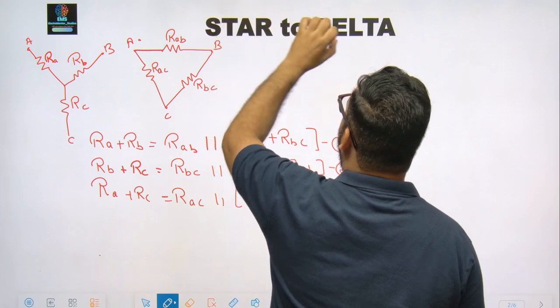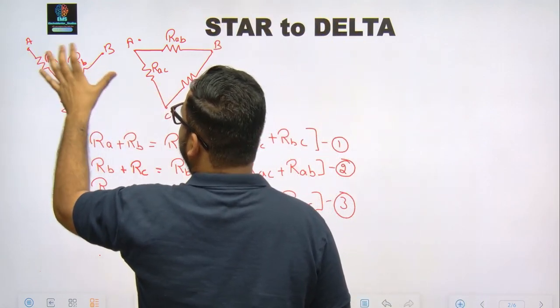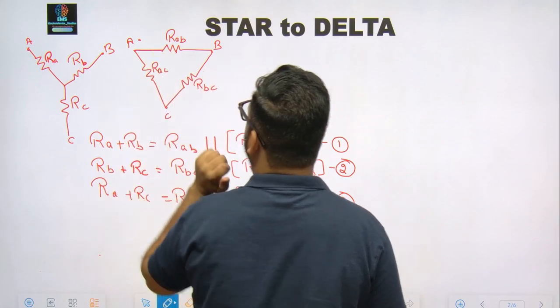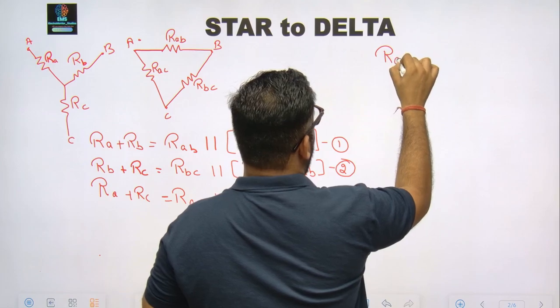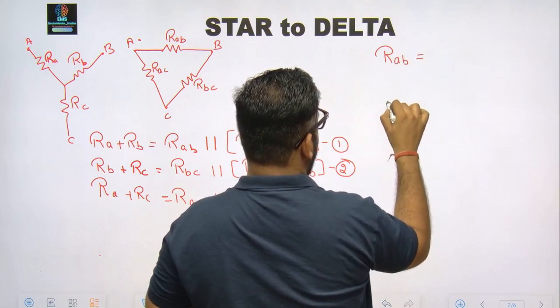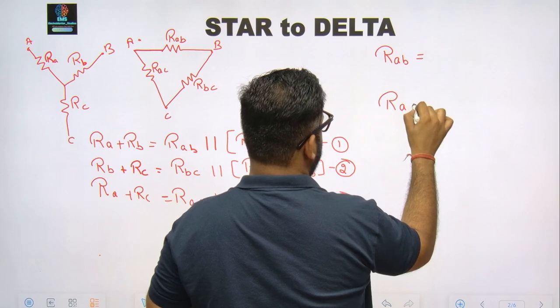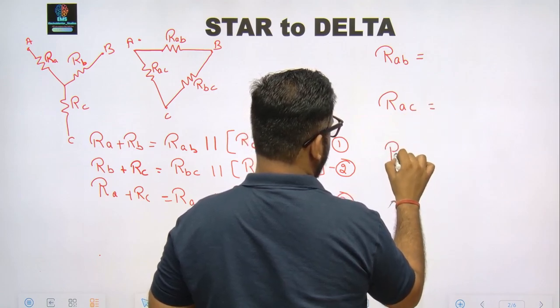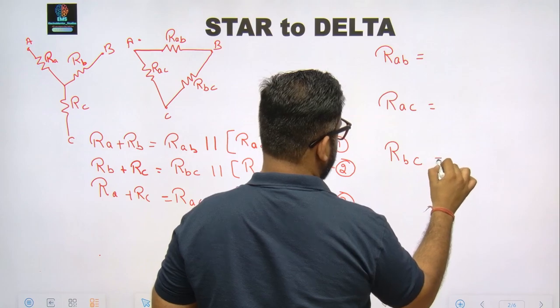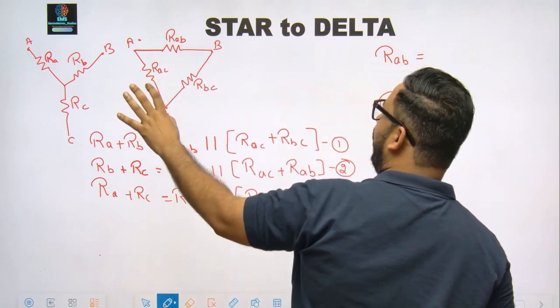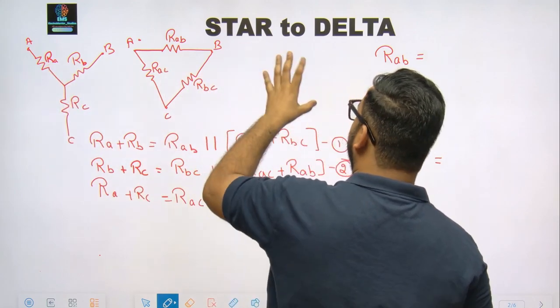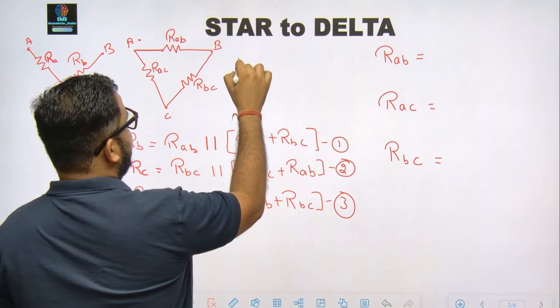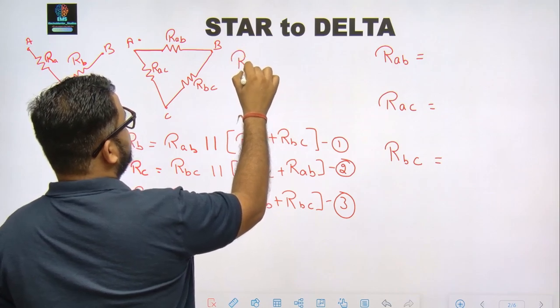Now I want to convert star network into delta network. So this star network would be given to me. I want to convert it into a delta network. So my delta network will have RAB, RAC, and RBC. So do one thing, always multiply the two and add all of them. So let's make an R star.